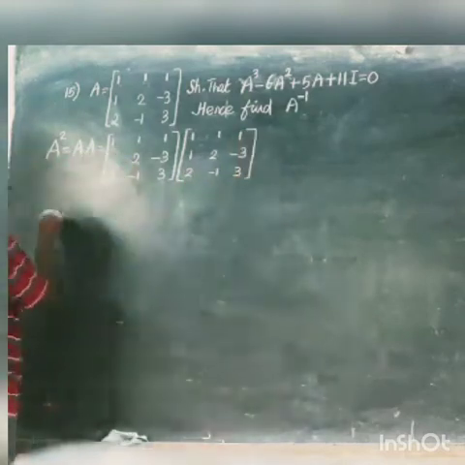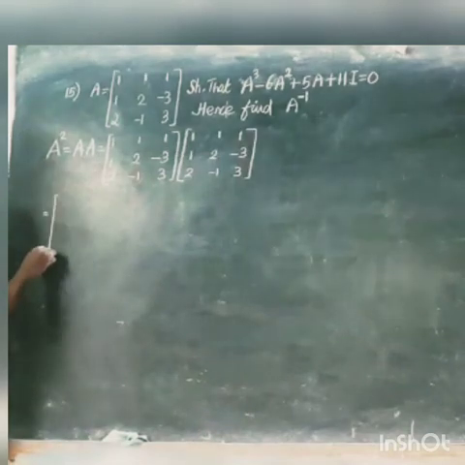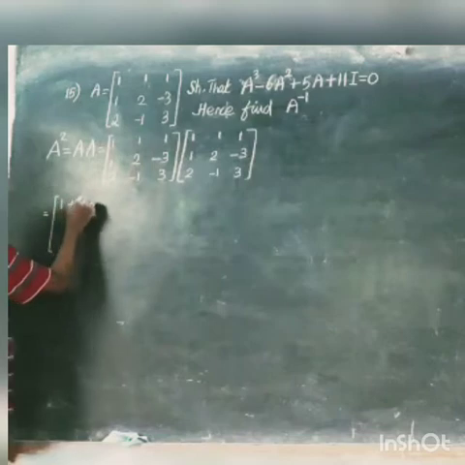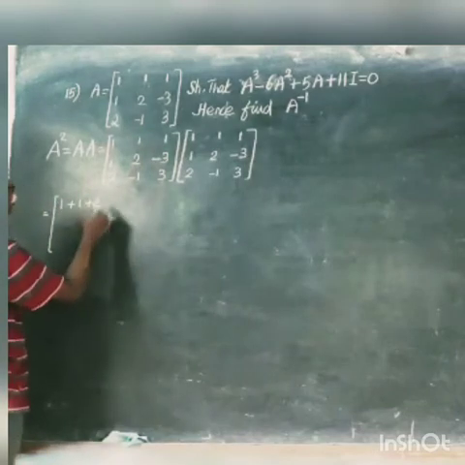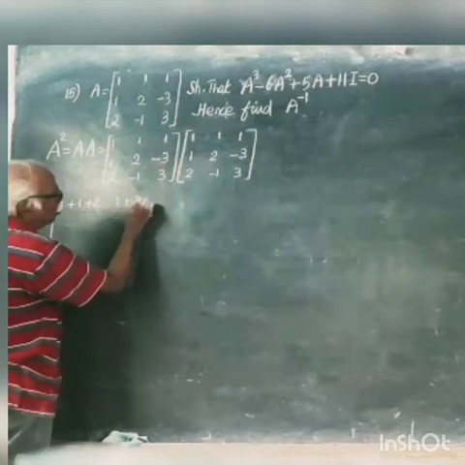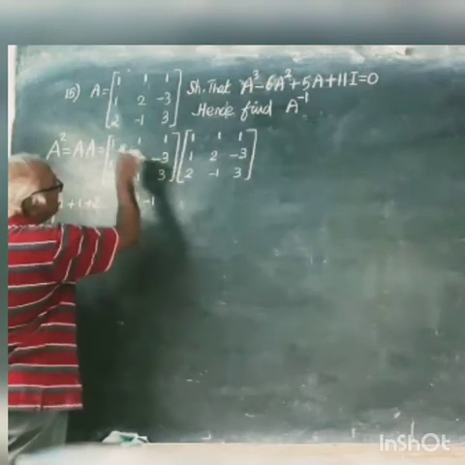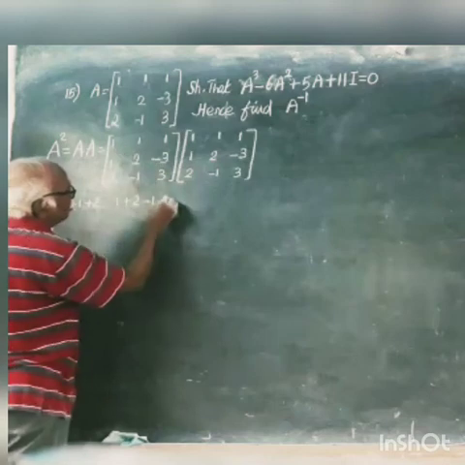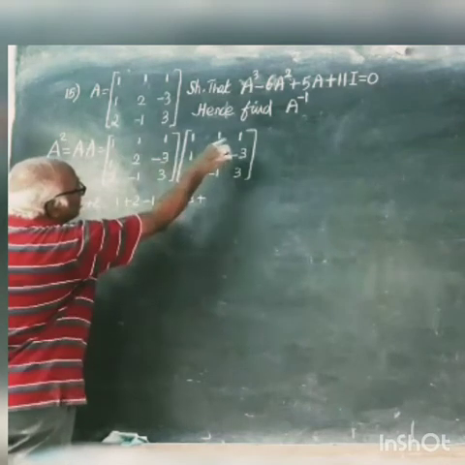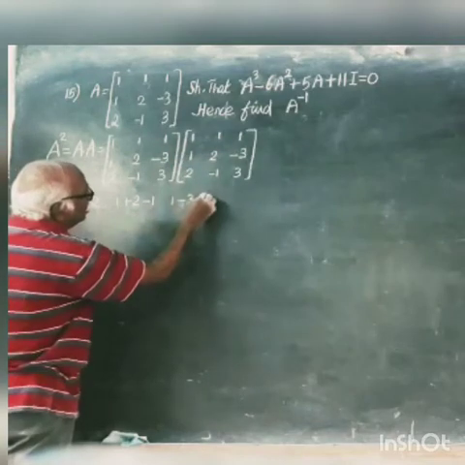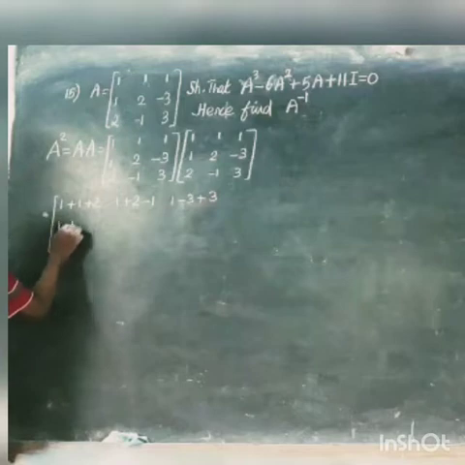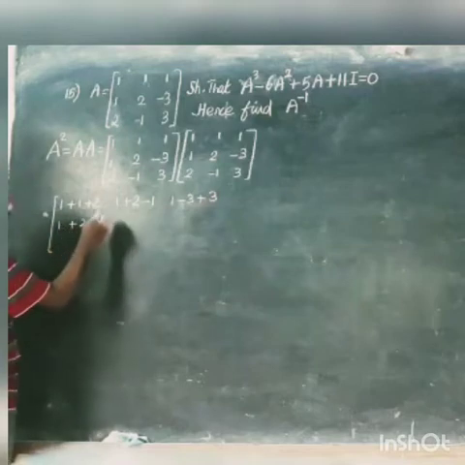Then row by column multiplication rule. First row: 1 into 1, 1, plus 1 plus 2. 1 plus 2 minus 1. Then 1 plus 1 minus 3 plus 3. Second row: 1 plus 2 minus 6.